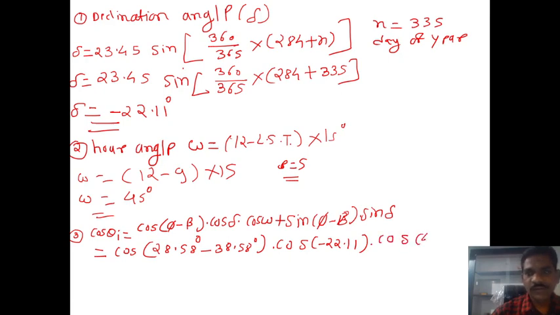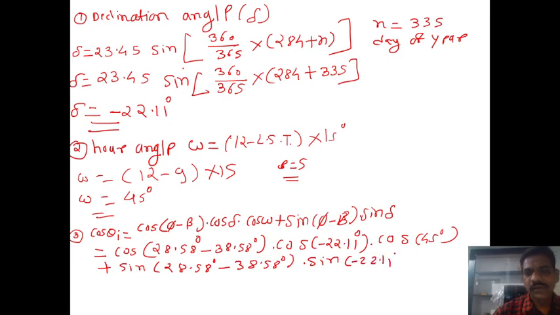Cos 45 degree, plus sin phi, what is phi? 28.58 degree minus beta 38.58 degree, into sin declination, 22.11 degree. So after solving the whole thing, what answer do you get?